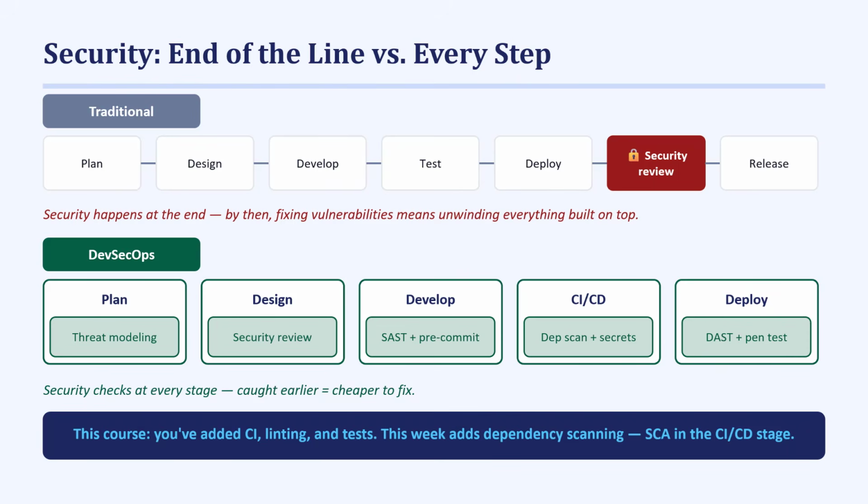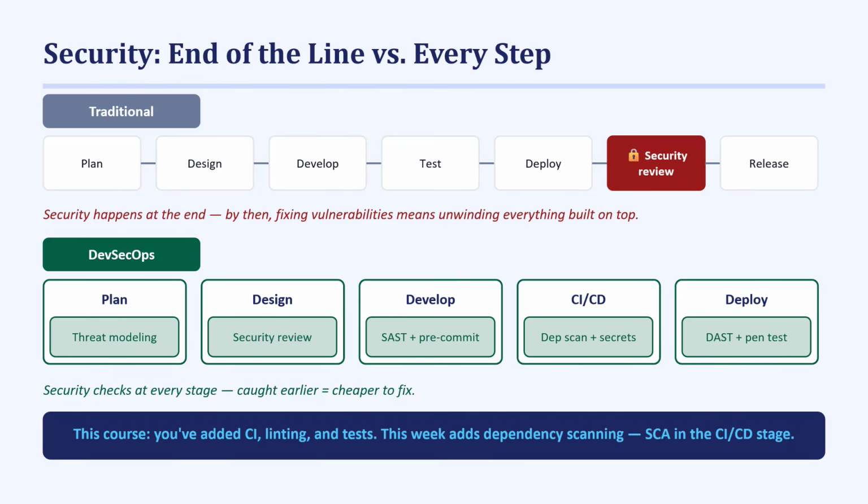So security happens at the end, often as a gate to release, but by that point, fixing problems and vulnerabilities is expensive. The code is already written, it's already tested around an insecure pattern, and we have to undo basically everything that we have done if we find a security issue and rewrite it, instead of thinking about how we could have caught that earlier and built more securely from the ground up.